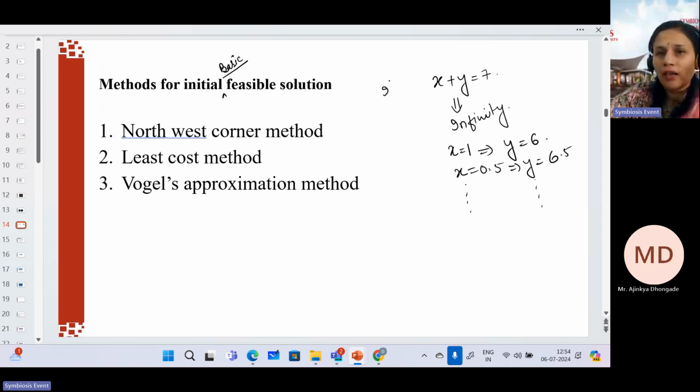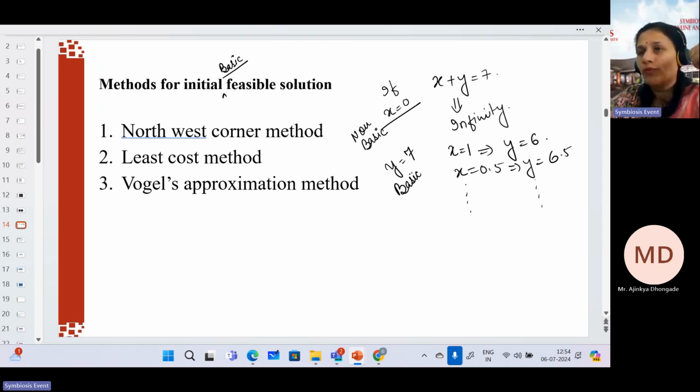If I say here my value of x is equal to 0, then x equals 0 becomes my non-basic variable, and y equals 7 is my basic variable. So basic, feasible, done. Now the term initial: whenever you start your system with some initial values, making some assumption, and move ahead, that is known as an initial basic feasible solution.